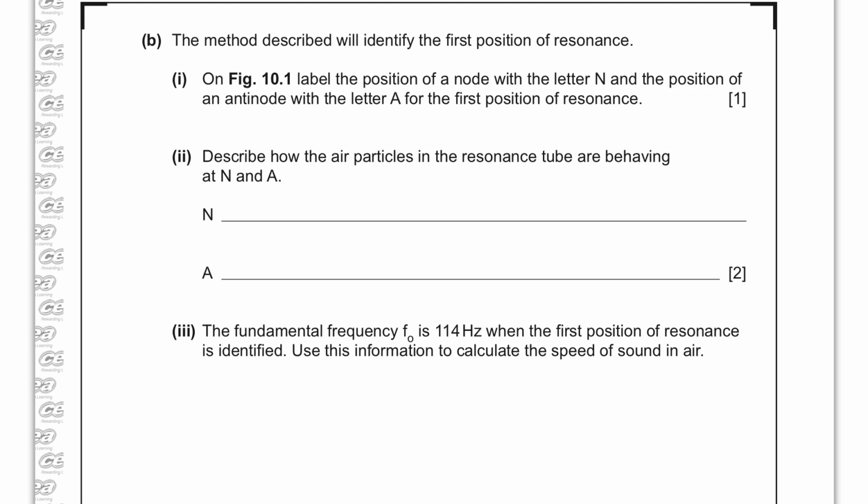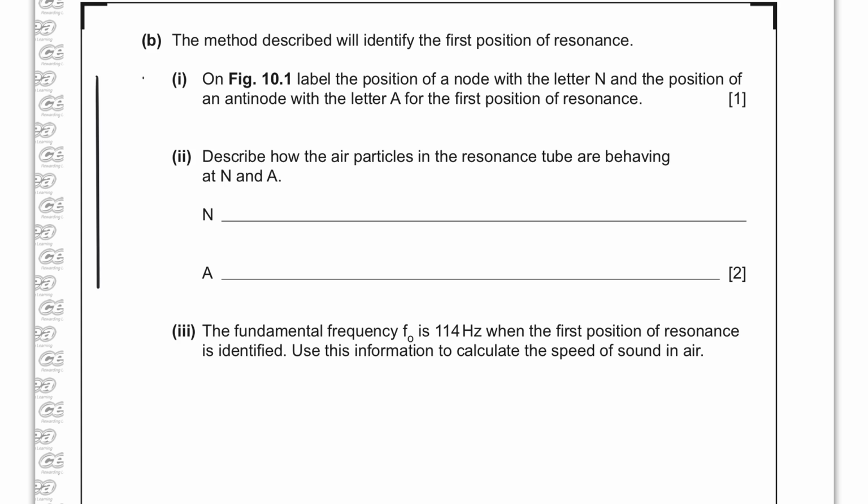Part B, the method described will identify the position of resonance, or the first position of resonance. On figure 10.1, label the position of a node with the letter N and a position of an antinode with the letter A for the first position of resonance. Okay, so I'm just going to add in a tube diagram so that I can do that.